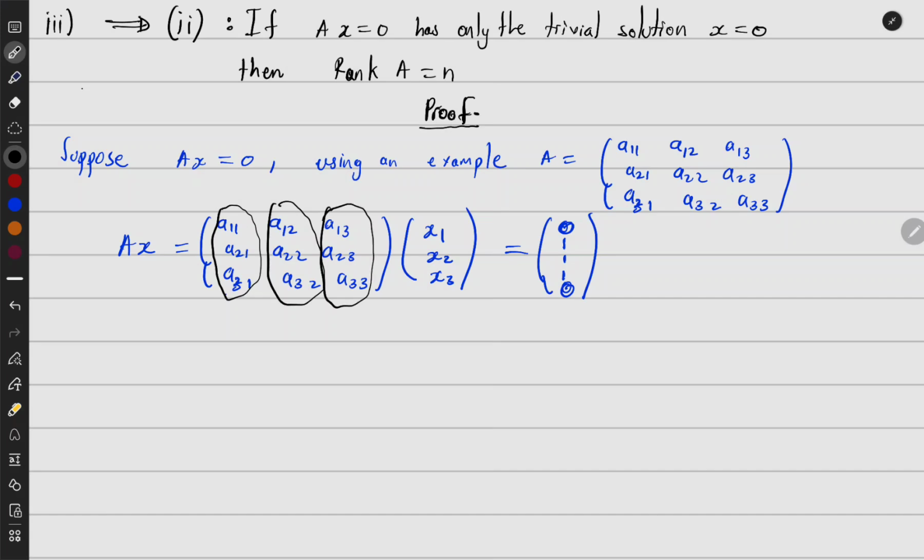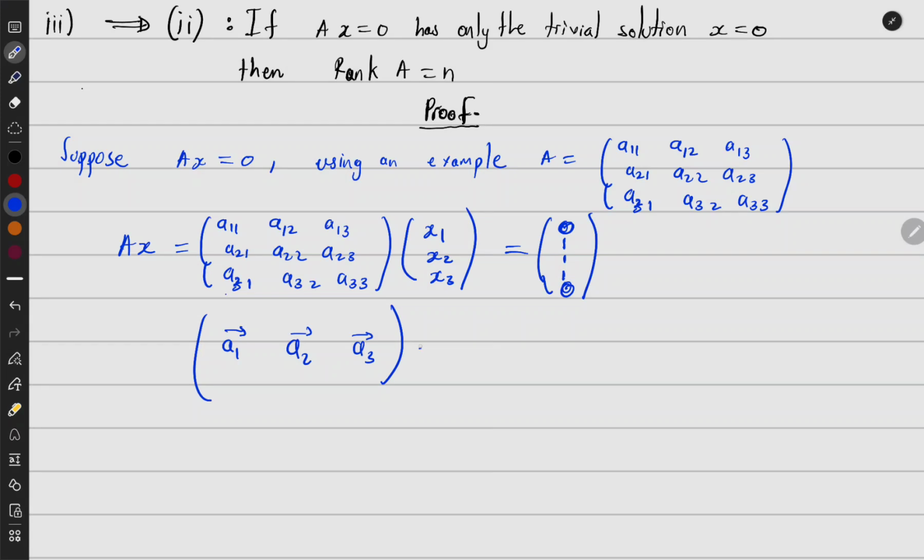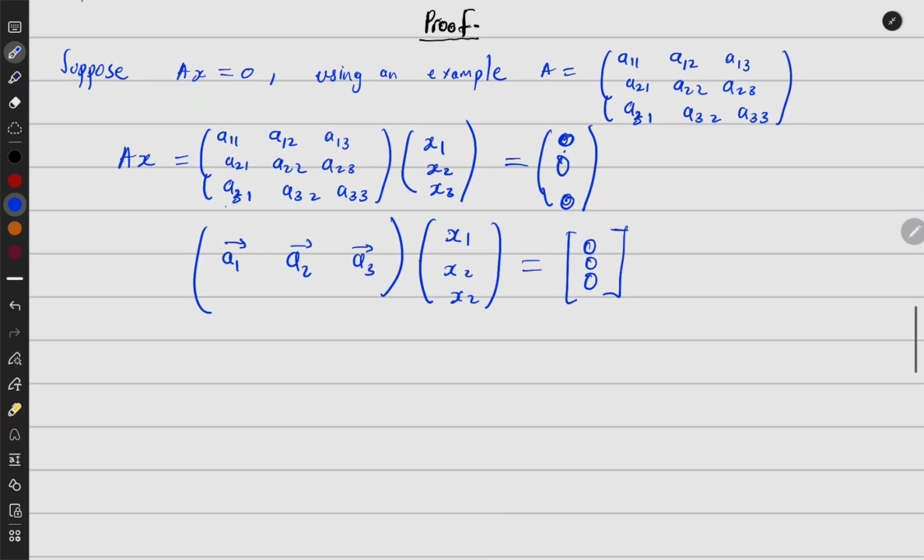Let me say A1 represents that column, A2 that column, A3 that column, and this is multiplying x1, x2, x3, equals 0. These are 3 by 3, so this is the zero vector.